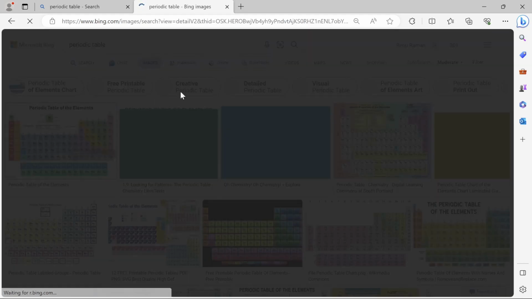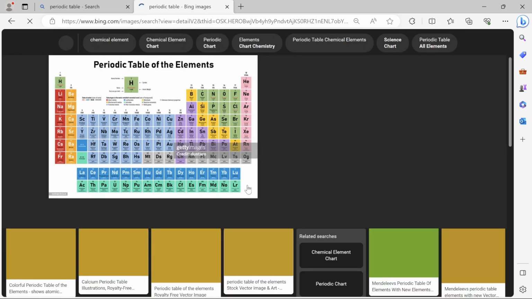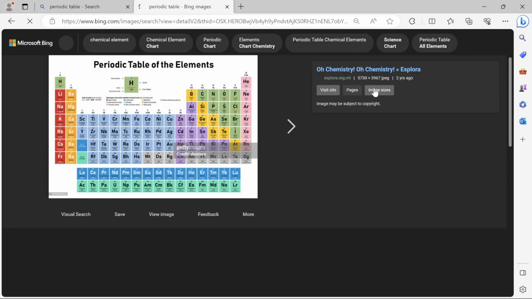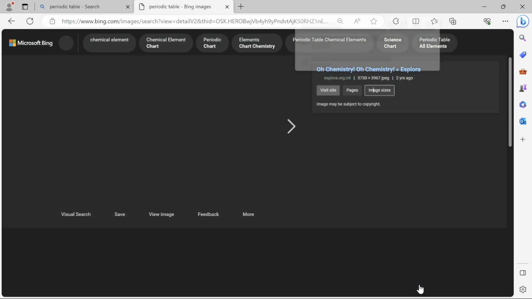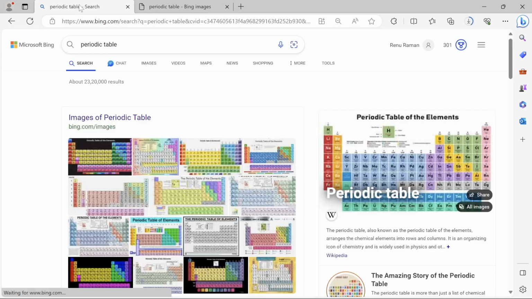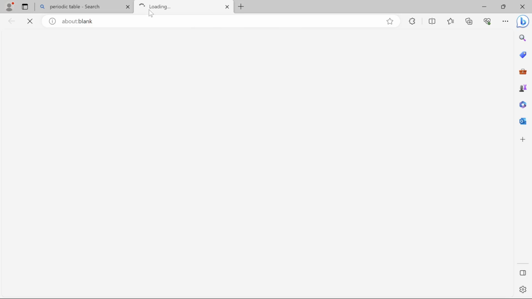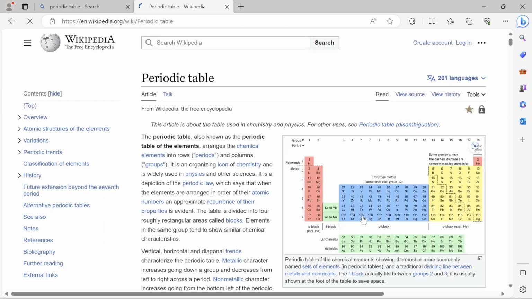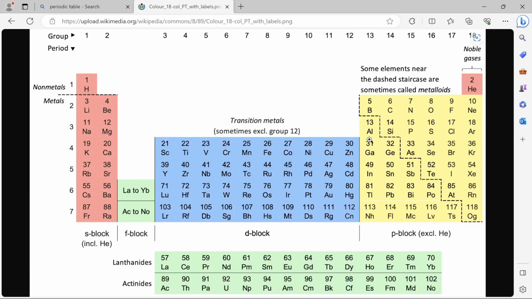You're able to see this, right? This is your group 4: silicon, germanium.